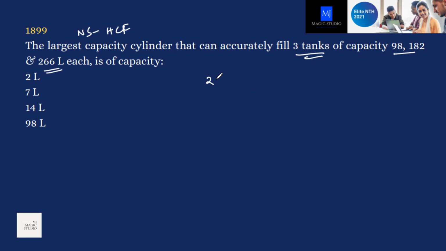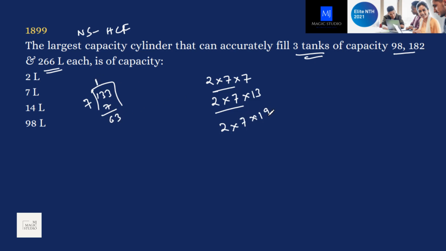So 98 is 2 into 49, that is 2 into 7 into 7. 182 is 2 into 91, 91 is 7 into 13. 266 is 2 into 133. 133 when divided by 7 is 19. So this is 2 into 7 into 19. So HCF is 2 into 7, that is 14. So the largest capacity cylinder which can accurately fill these 3 tanks would be 14 liters, that is option C.